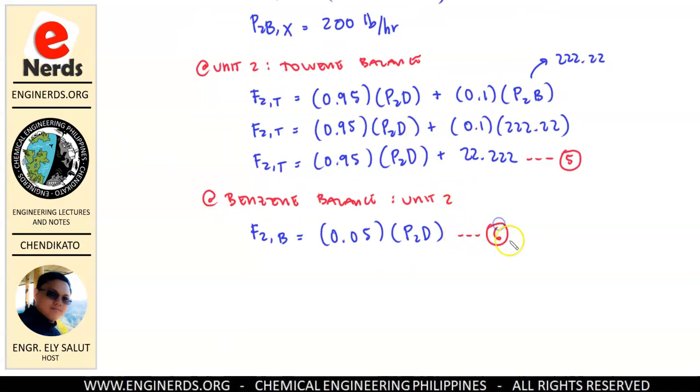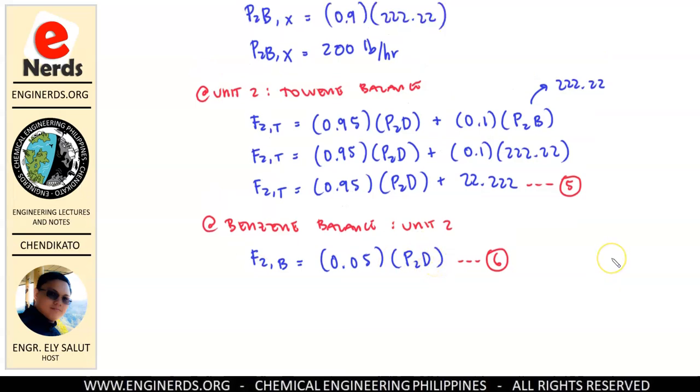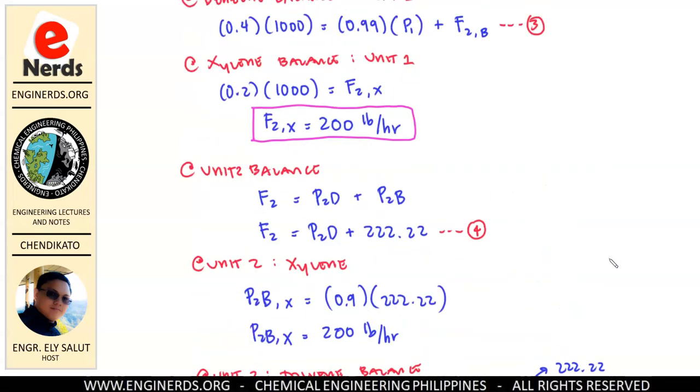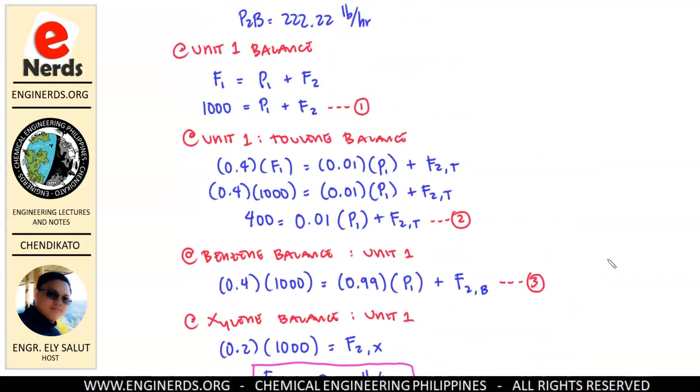Now, as you can see, kapag nakuha na natin yung value ng P2D, we will be able to get yung value ng benzene sa ating F2. Okay, so mas maganda makuha natin yung value ng P2D natin. Alright? So, how are we going to do that? So, gagawin lang natin, i-combine natin yung mga nakuha nating equations from Unit 1 and Unit 2.